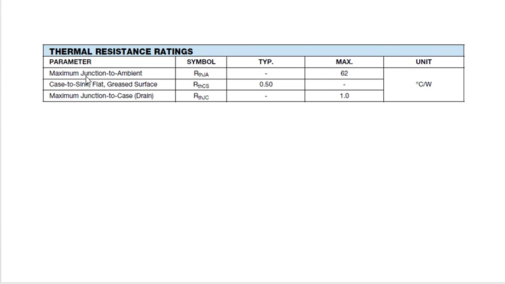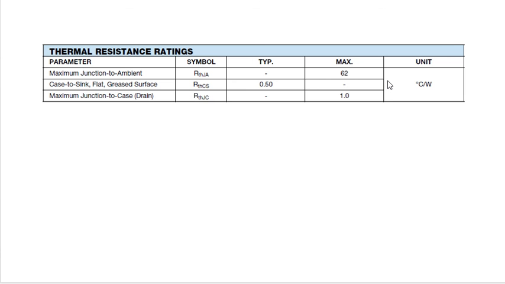This is the maximum junction to ambient thermal resistance, RTH junction to ambient, and it is maximum 62 degrees C per watt. And when we add our losses, we come to 0.066, which was the summation of conduction losses plus switching losses plus reverse recovery loss of the diode.